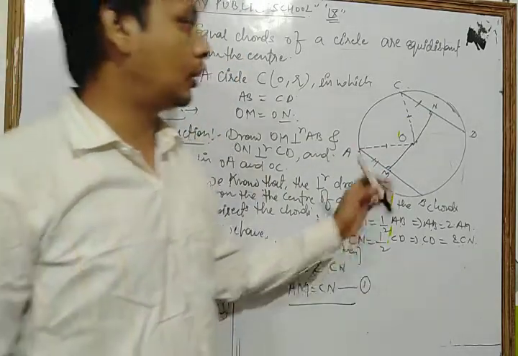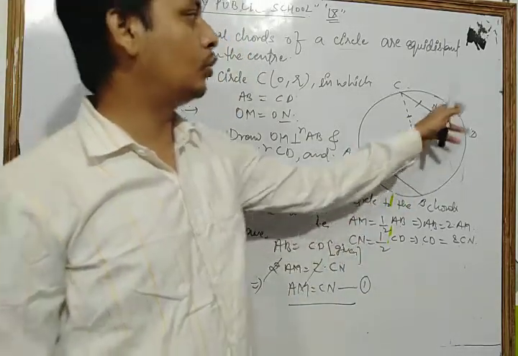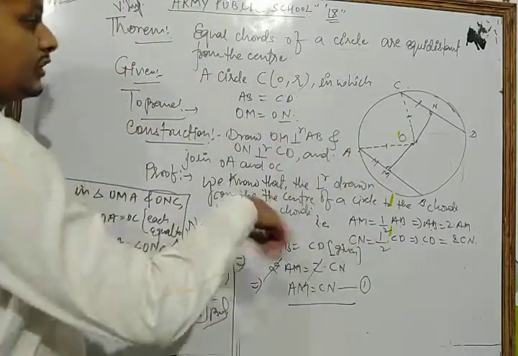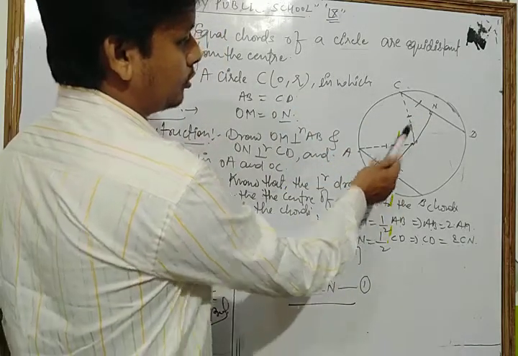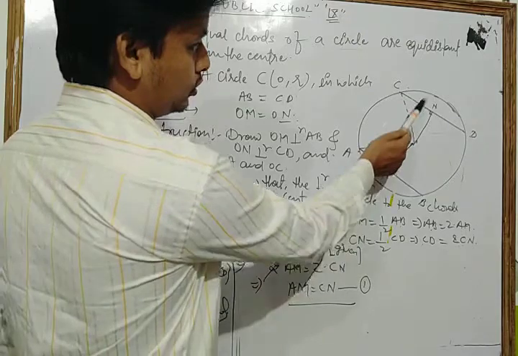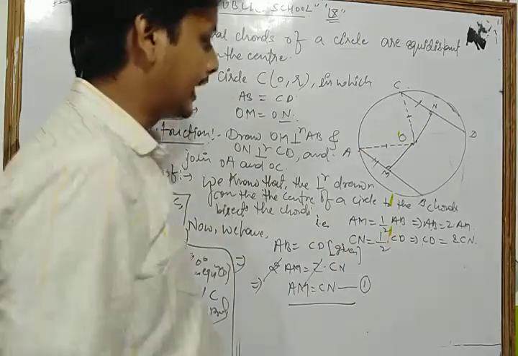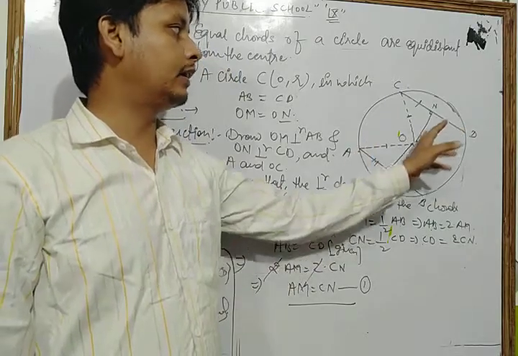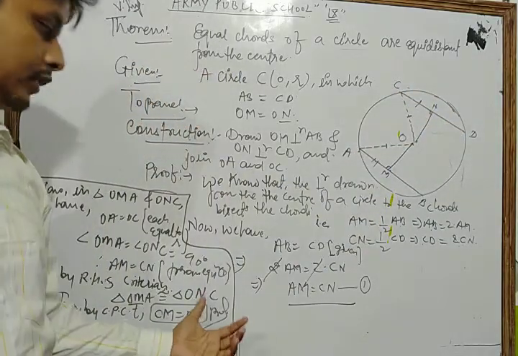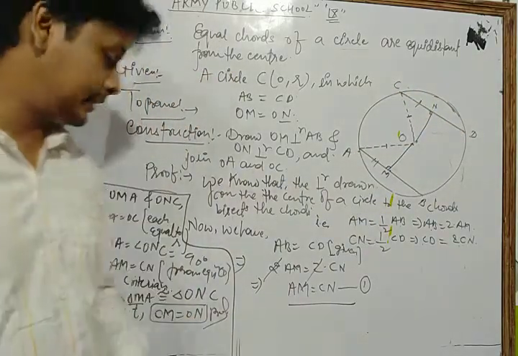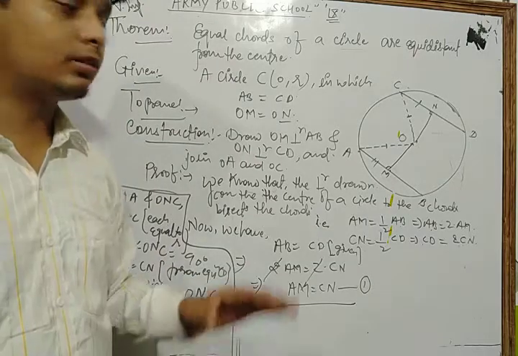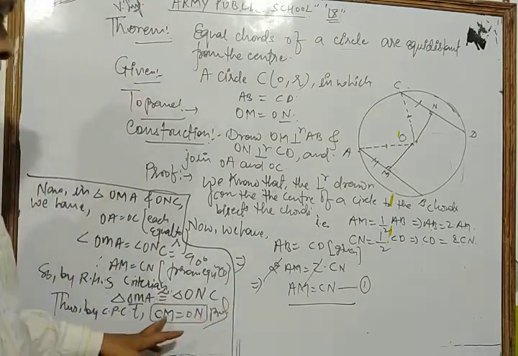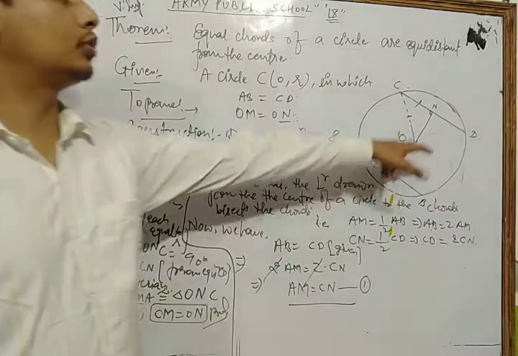Now we take triangle OMA and triangle ONC. We have OA is equal to OC, AM is equal to CN by equation 1, and angle OMA is equal to angle ONC, each equal to 90 degrees. So by the right angle hypotenuse side criterion of congruence, triangle OMA is congruent to triangle ONC.